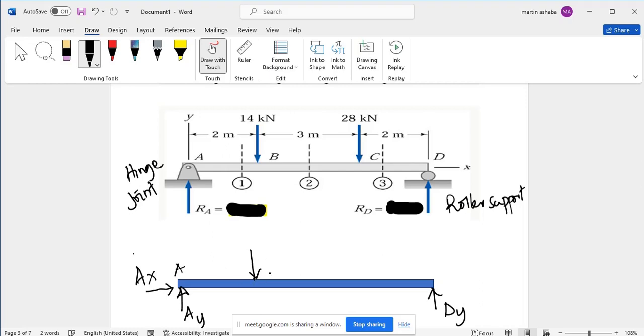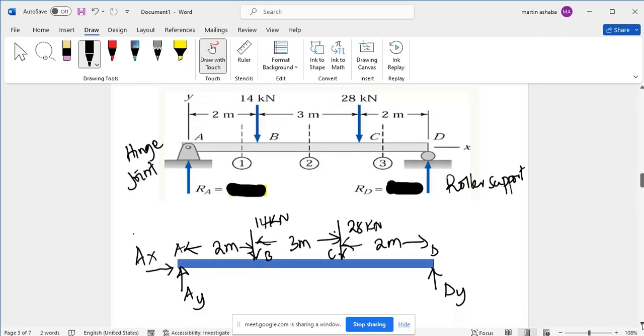This is A, we have B, we have C somewhere, and this is D. At B we have 14 kilonewtons. Then at C we have 28 kilonewtons. And you have to indicate these distances. We have 2 meters from there to there. Then you have 3 meters from there to there. Then you have 2 meters from there to there.